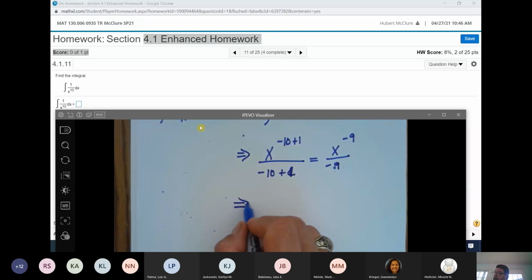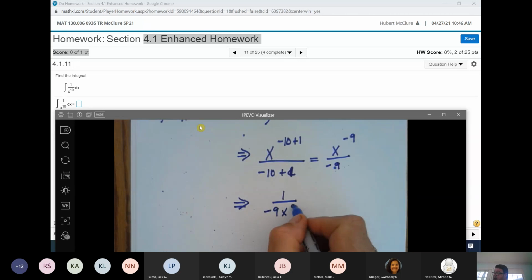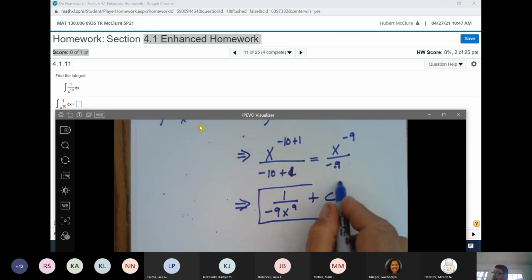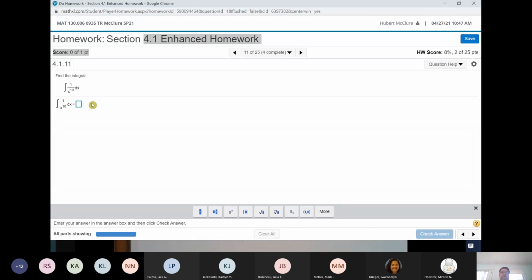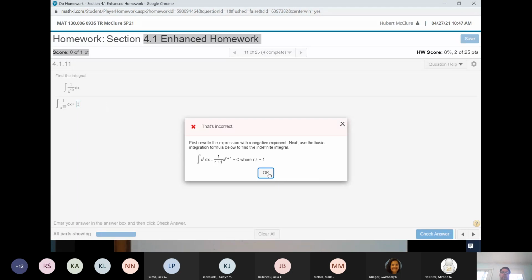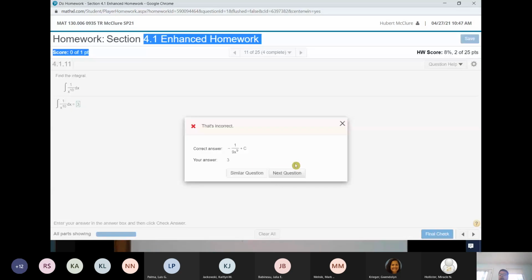That's going to be 1 over negative 9x to the 9th plus c. Negative 1 over 9x to the 9 plus c.